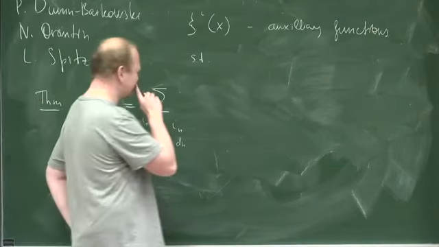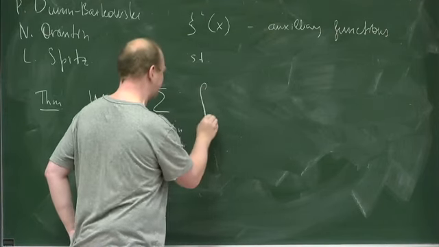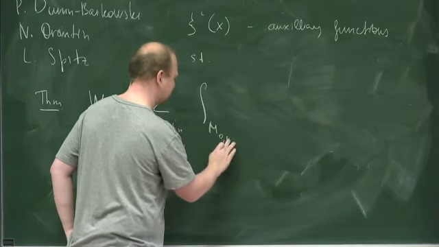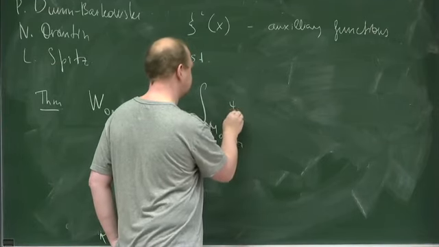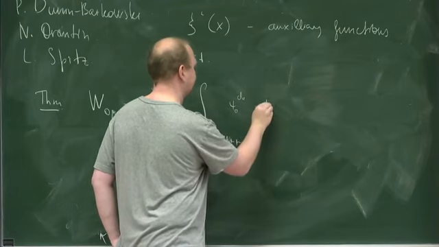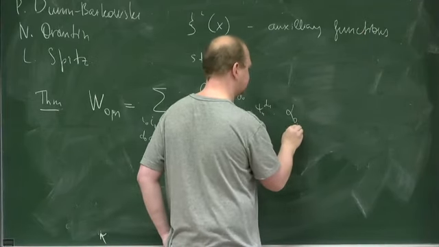And now I want to say that what I have is the integral over M_{0,1+n}, I'm sorry, of psi_0^{d0} ... psi_n^{dn} times, if you remember, I had these alphas, alpha 0 ... alpha n.